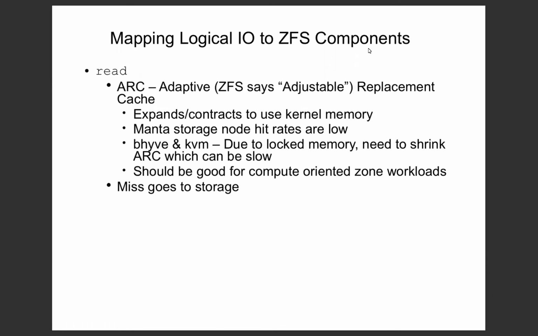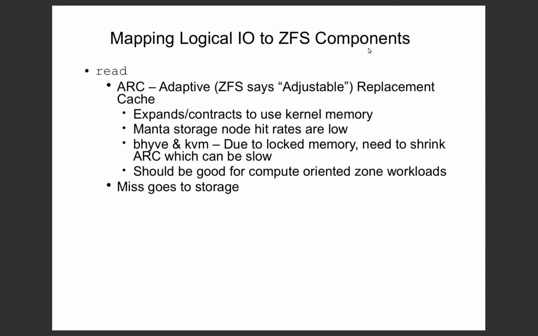That process can sometimes take a while. I'm not familiar with the Beehive side, but certainly on KVM, we've seen it take maybe several minutes if you're starting up a large virtual machine, where it's putting pressure on the ARC before it can finally get enough memory to lock down to be able to start up.